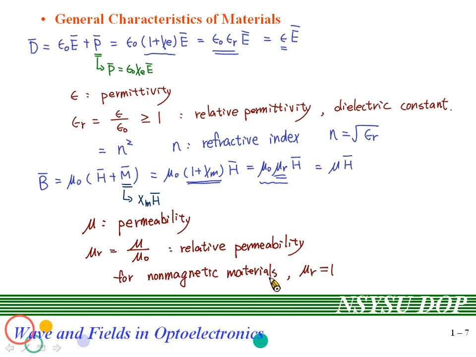As a result, without any further assumption, you can just take mu r as 1 in your research. So, these two are the general characteristics of material, and you can say that these two equations are the general constitutive relationship of material.